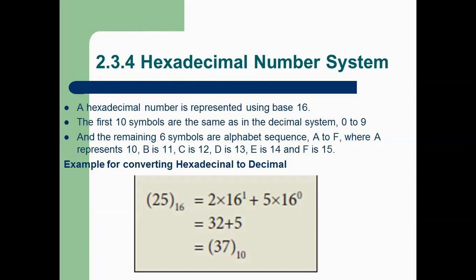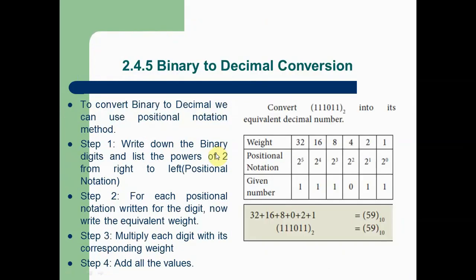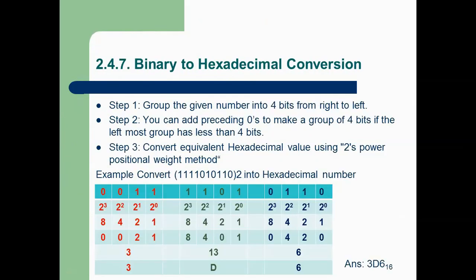Here you can see the value for 13 is D, and the value for 14 is E. So we convert 13 into D. So now the final answer is 3D6 base 16.